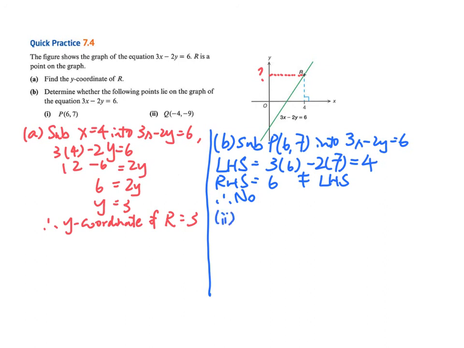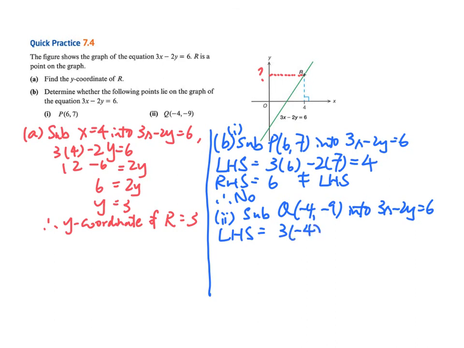And then for part 2, once again I have to substitute point Q, negative 4, negative 9 into the equation 3x minus 2y equals 6. The left hand side would be 3 times negative 4 minus 2 times negative 9.